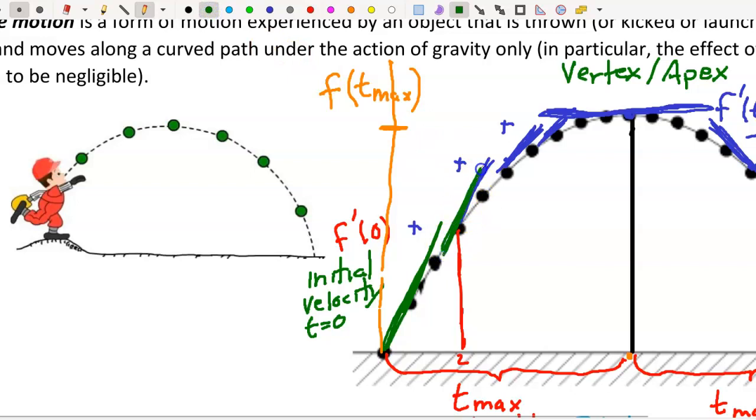Which is equivalent to the slope of this line. So it's saying that the slope of that line, that tangent line right there, is 32. And no surprise, it's positive 32, came out to a positive number, which means this thing is on its way up, right? But that's graphically what that means. The slope of that line or the speed of that object is at 32.